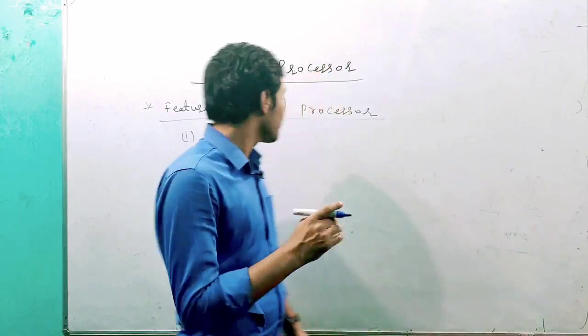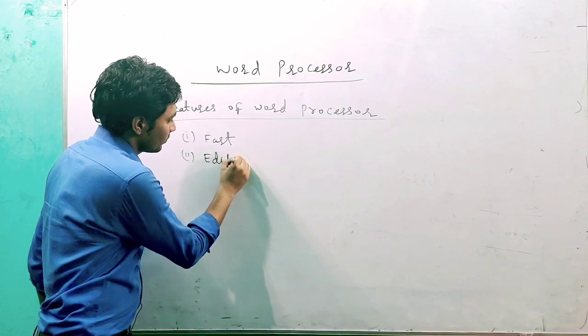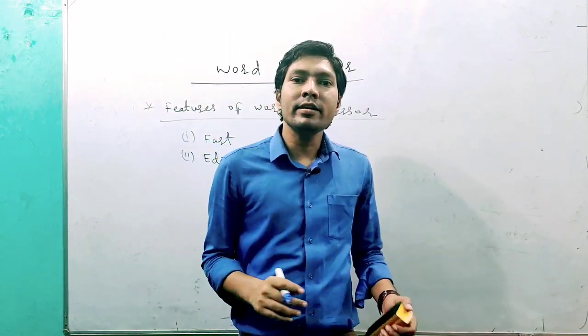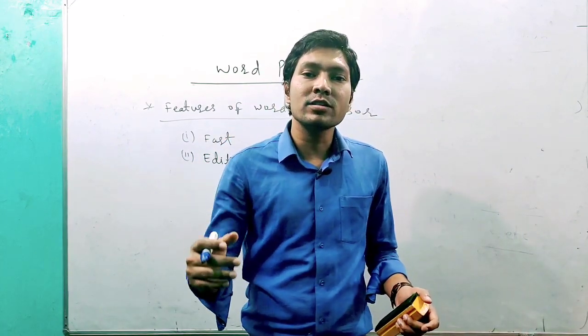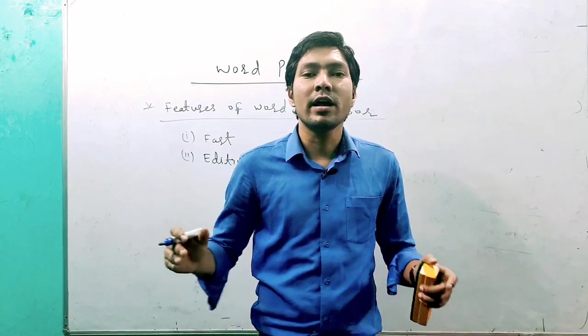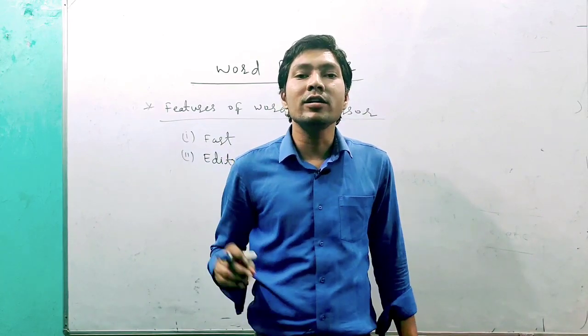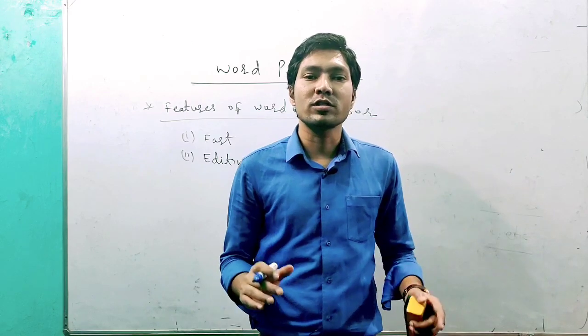The next feature is editing. Editing refers to copying of text, moving of text, deletion of text, formatting of text, etc. So after creating your document, you can edit your document also. This feature is provided by the word processor.